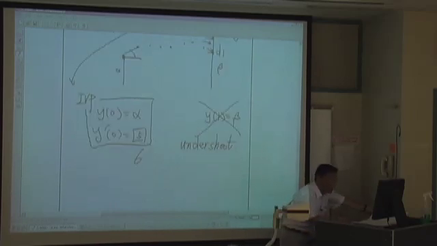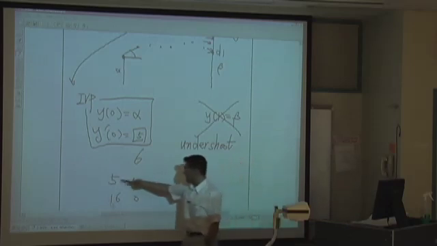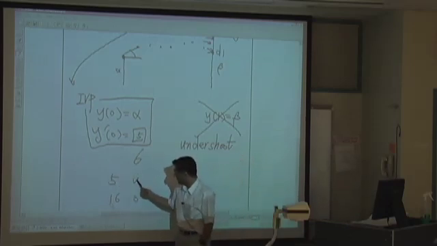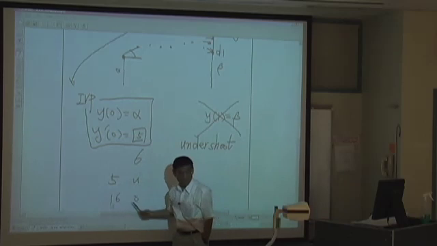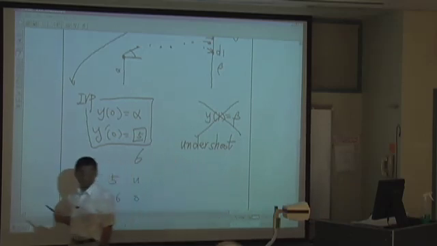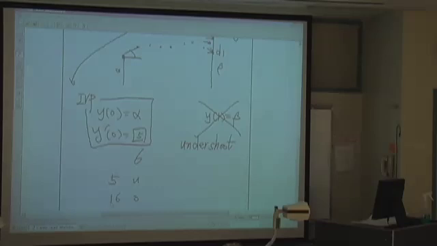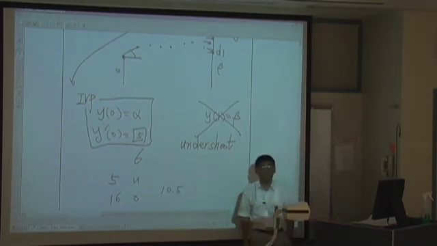So assume that 5 gave you undershoot and 16 gave you overshoot. 5 gave you a value under the target, and 16 gave you a value over the target. Then the next angle that you can pick is what? 10.5, right? You pick the angle 10.5. Do you follow me or not?